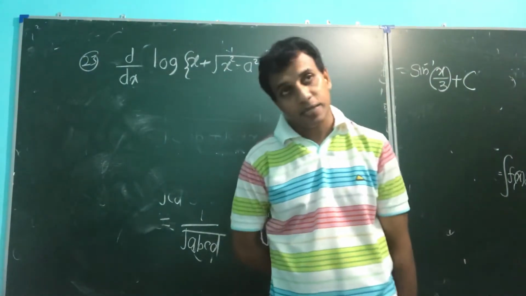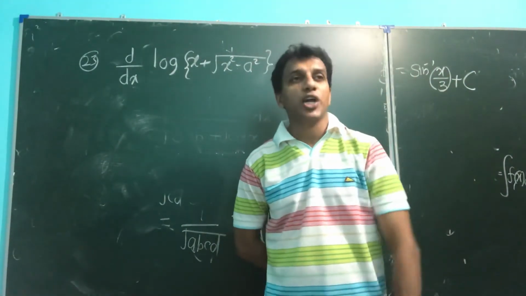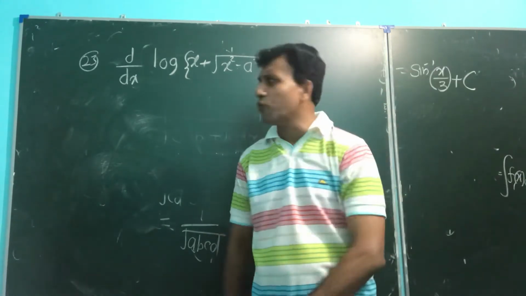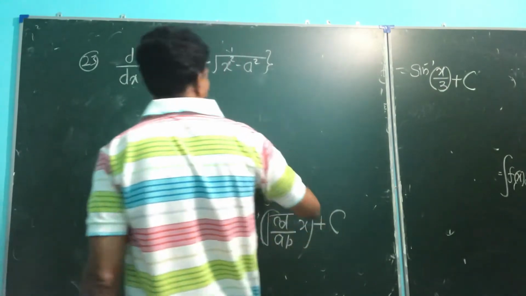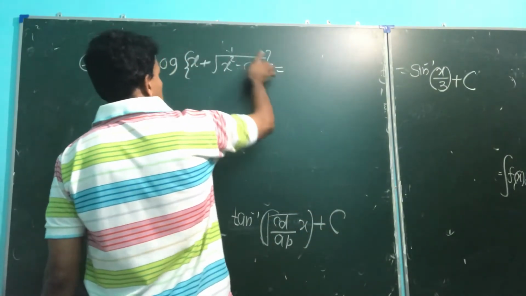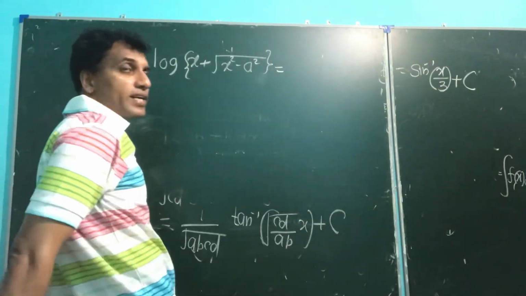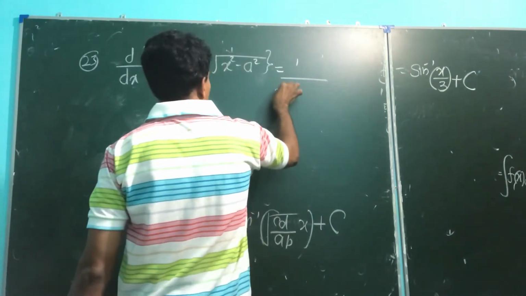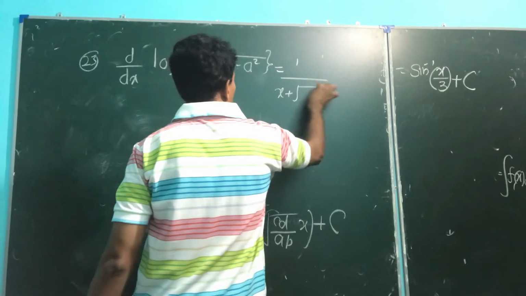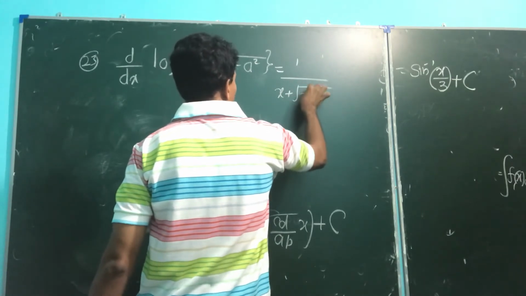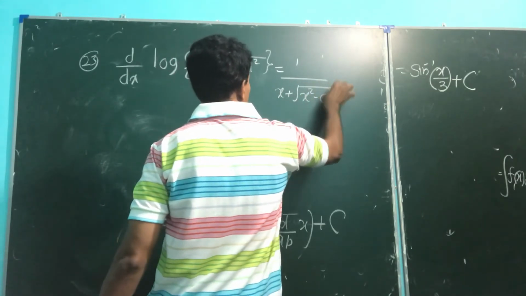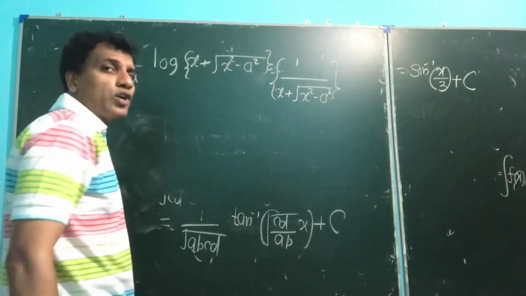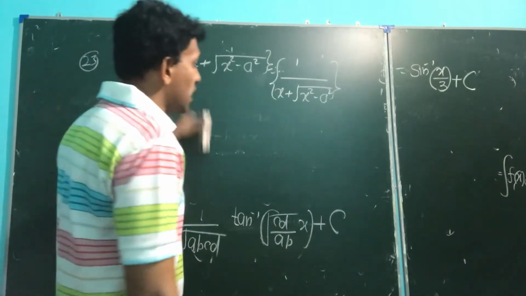Differentiate the logarithm first, then differentiate the inner function, hence it simplifies to some familiar form. That's why this is the standard answer here. Logarithm differentiation is 1 over x plus square root of x square minus a square. Next, the inner function.